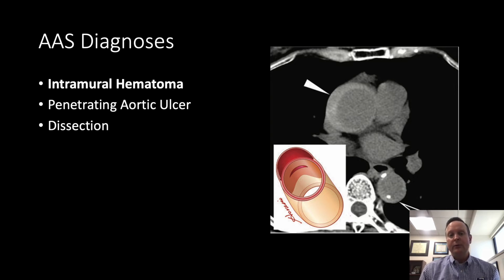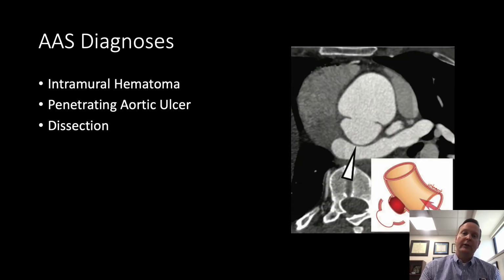That surrounding hyperdensity is actually blood. And that blood is sitting within the vessel wall, which has gone through an intimal defect and extended within the wall, and that's why we call it an intramural hematoma.